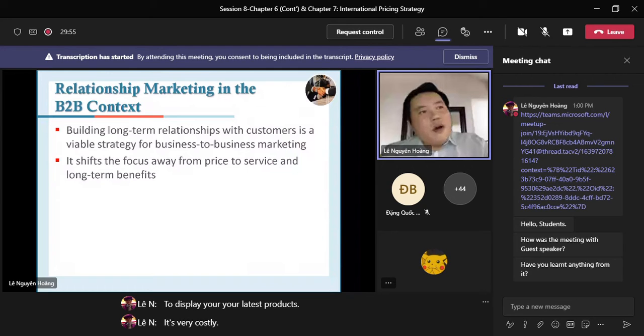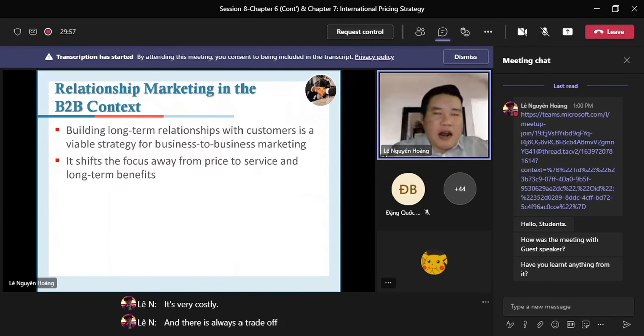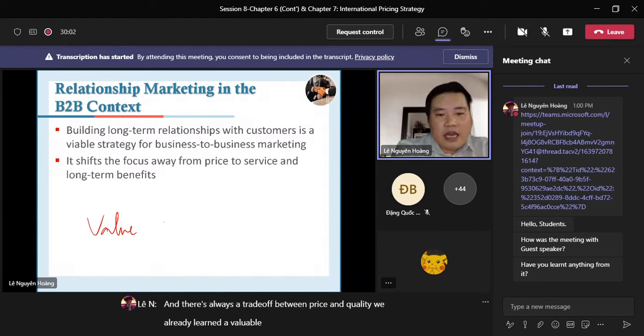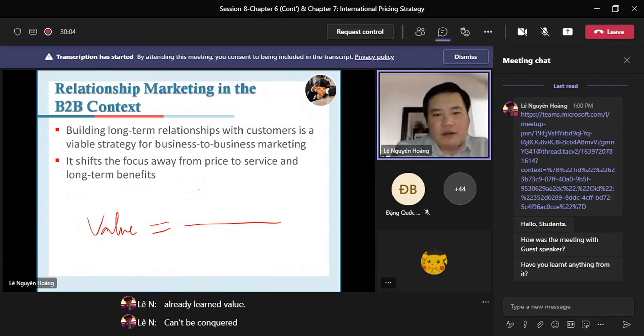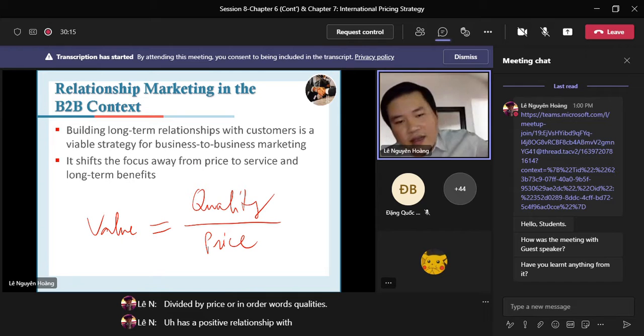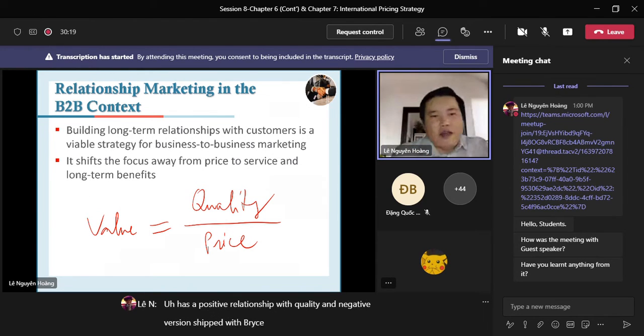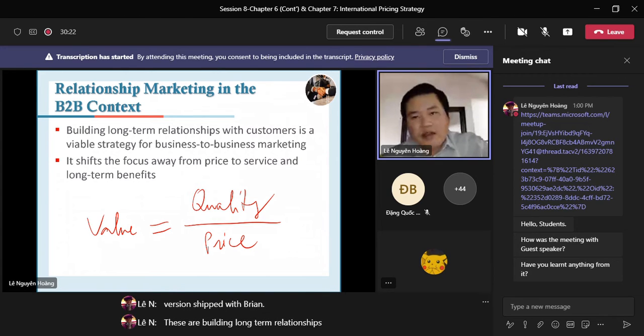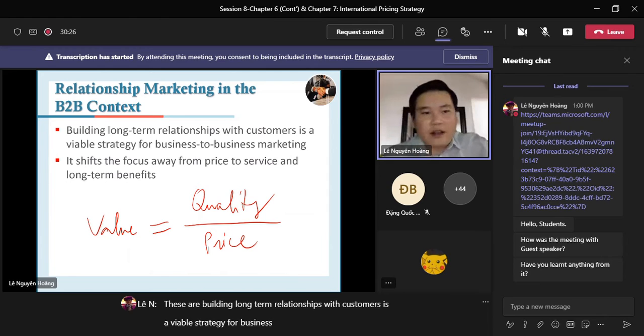And there's always a trade-off between price and quality. We already learned that value can be calculated by quality divided by price, or in other words, value has a positive relationship with quality and a negative relationship with price. And building long-term relationships with customers is a viable strategy for business-to-business marketing.